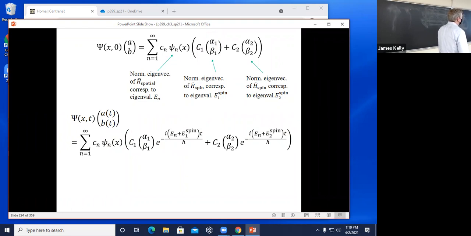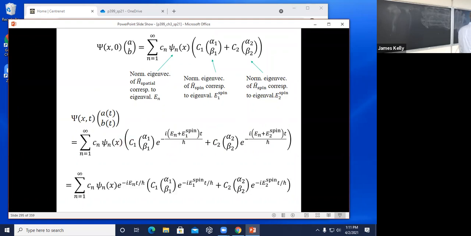All right. And to make our life a little bit more simple, we can see we have a common factor of e to the minus i E n t over h bar in both of these two. And so I could factor that part of it out in front and just leave the part with the E spin 1 and the E spin 2 in with these 2 individual vectors there. Okay, let me color code things and then we're going to forget about most of this mess, but it's a justification for it.